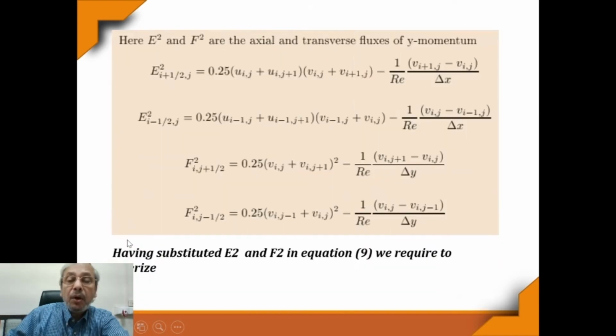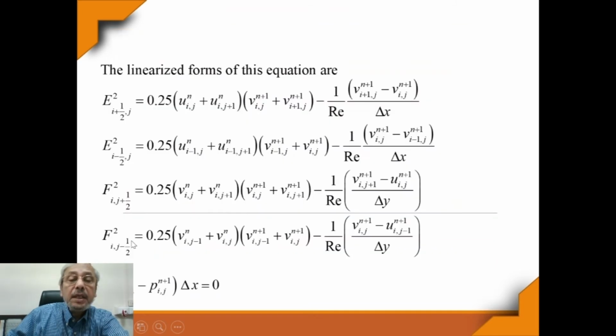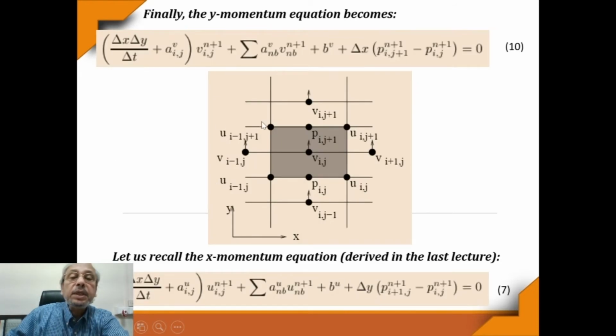So we write all these, nonlinearity is removed through local linearization, and then we collect the terms. We are just repeating the same procedure that we followed for x momentum equation.